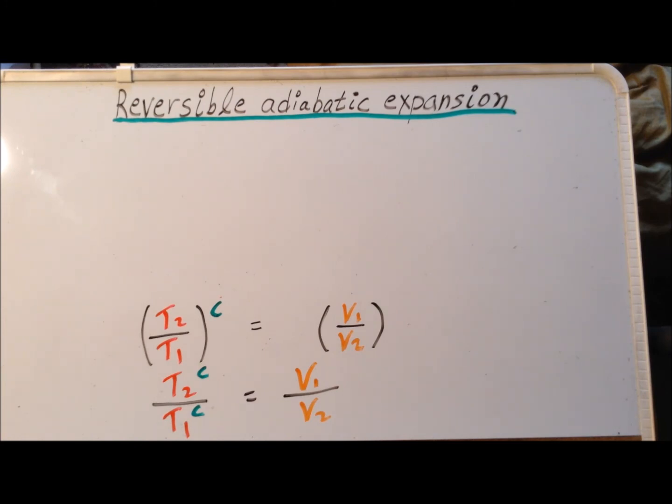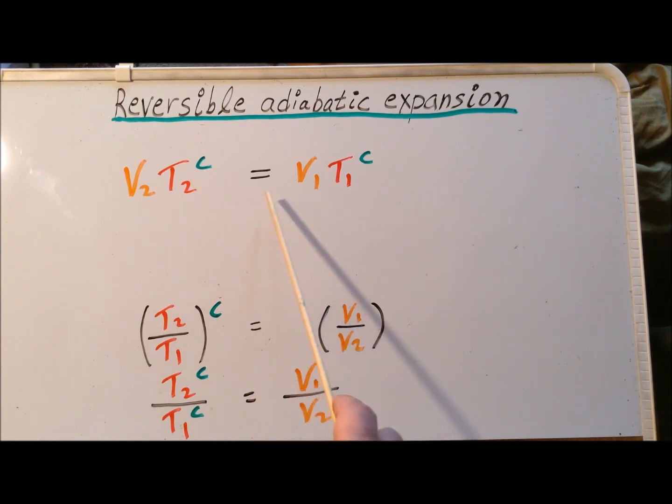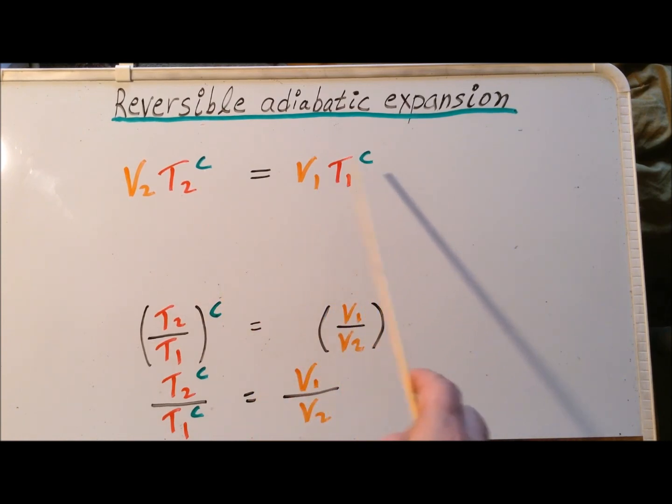We are careful to apply a property of exponents, that if I have an expression inside the parentheses raised to the c power, the exponent applies to both the numerator and the denominator. So that gives me on the left-hand side T2 to the c power divided by T1 to the c power, which is equal to the right-hand side, which is V1 divided by V2. We have one last step, which is to cross-multiply to get our final expression. So this gives us that V2 times T2 to the c power is equal to V1 times T1 to the c power.